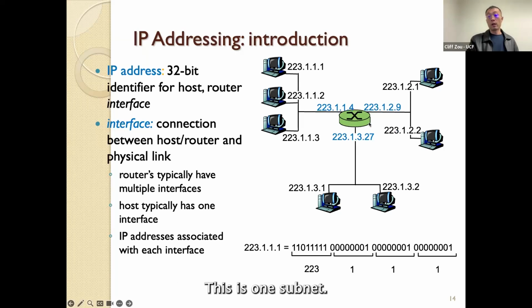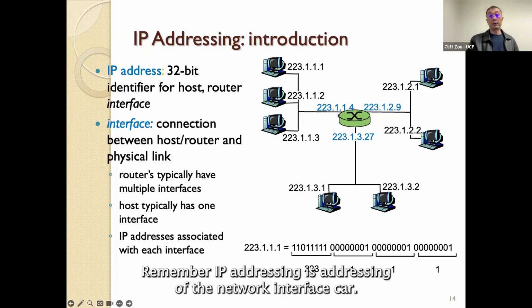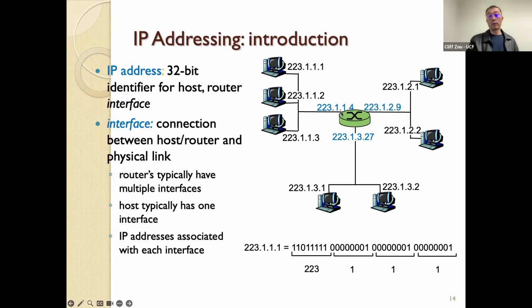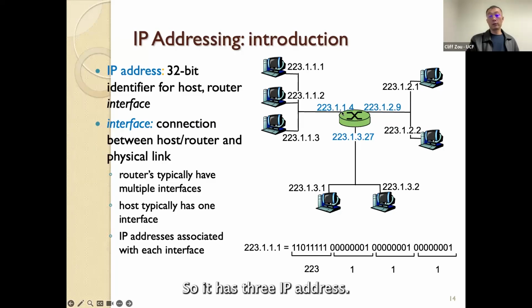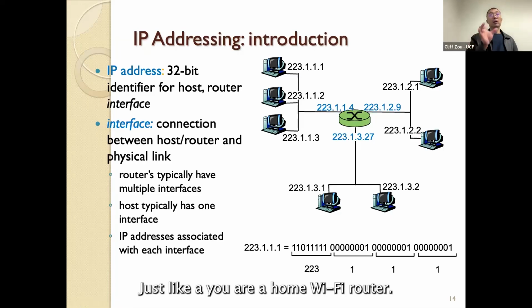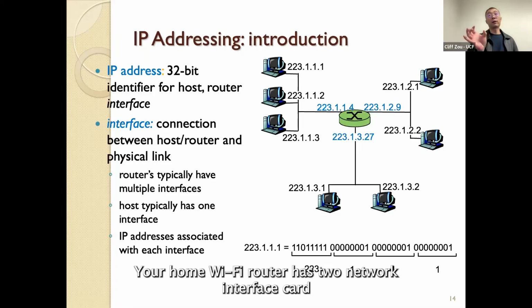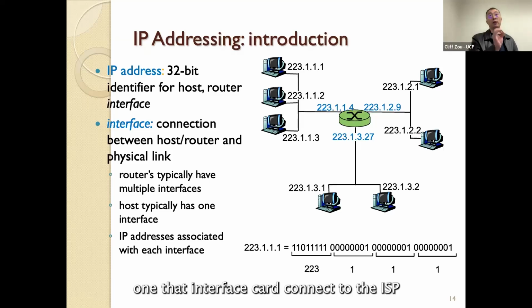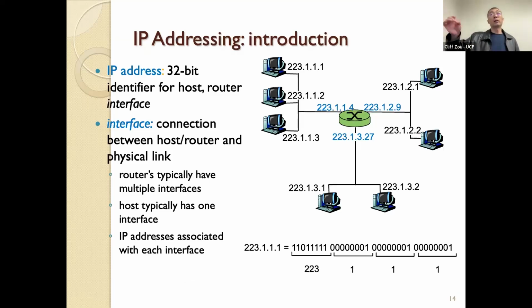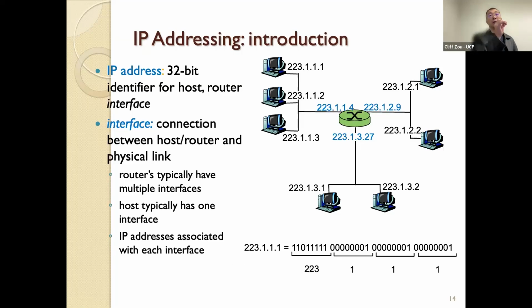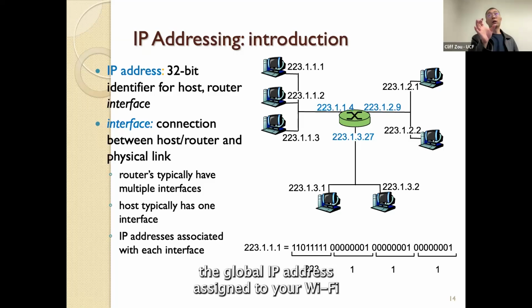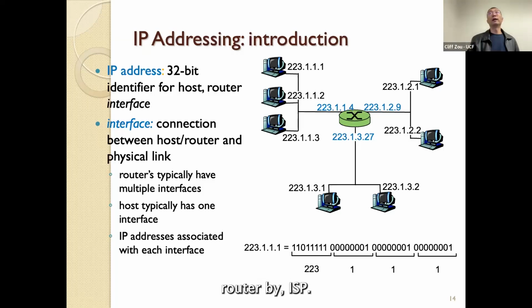This is one subnet. Remember, IP addressing is addressing of the network interface card. This represents the router. Because this router has three network interface cards, it has three IP addresses. Just like your home Wi-Fi router has two network interface cards. One connects to the ISP, the internet service provider, and that interface has the global IP address assigned by the ISP.